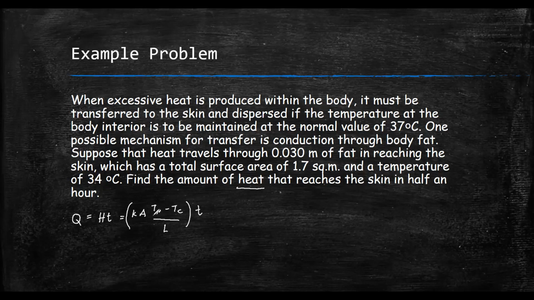So we have the value of A, which is 1.7 square meters. The higher temperature is 37 degrees Celsius and the lower one is 34 degrees Celsius. The length is 0.030 meter and the time is half an hour. So what is the thermal conductivity of skin?